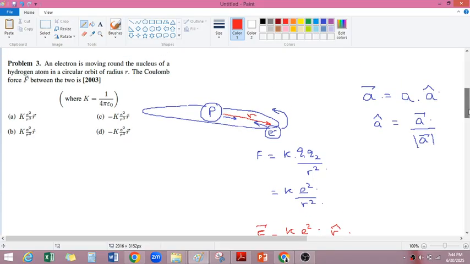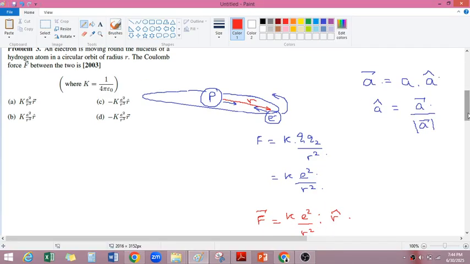The Coulomb force between the two is... Since it is attraction, maybe I have to put a minus also, because plus into minus, proton and electron. The minus represents the attraction. So which one makes sense? k e squared by r squared.